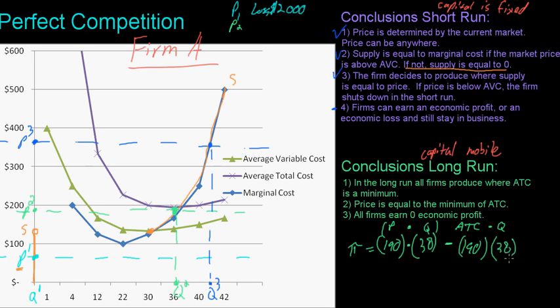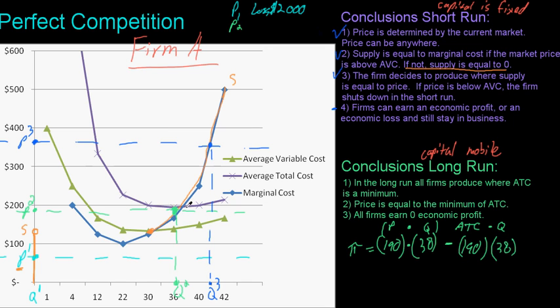And when you look, we have the 190 times 38 minus 190 times 38, which equals a big fat 0. Because price is exactly equal to the average amount that it costs to produce a unit of output. So the firm earns 0 economic profit.